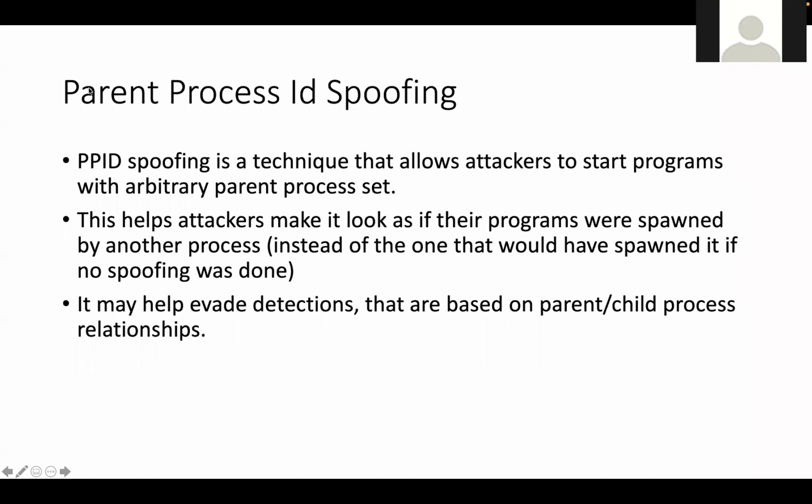Another thing you can detect with Velociraptor is parent process ID spoofing. Parent process ID spoofing is a technique that allows attackers to start programs with an arbitrary parent process set.